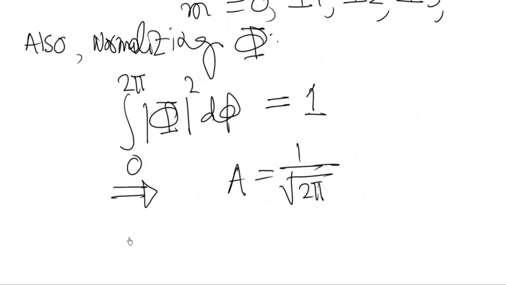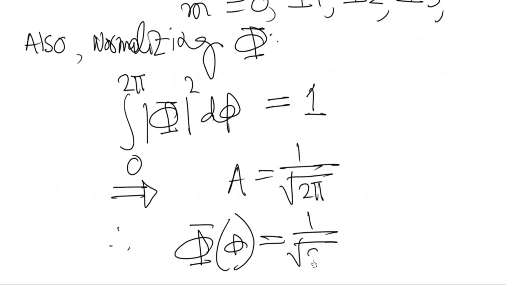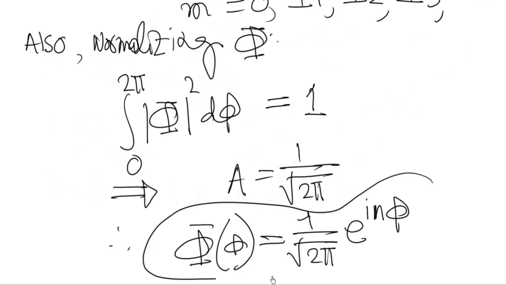Therefore the capital Phi is equal to 1 by square root of twice pi, then e to the power i m phi. So this is the solution for the azimuthal angle phi.